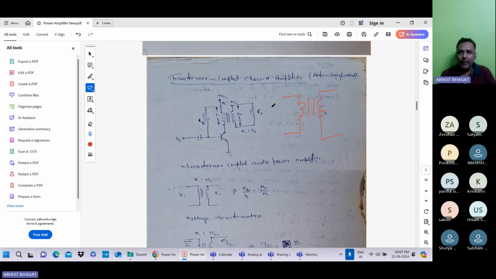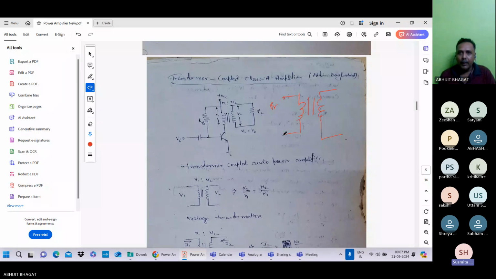This is the primary coil and this is the secondary coil. Here, this is the terminal of the primary side and this is the terminal of the secondary side.